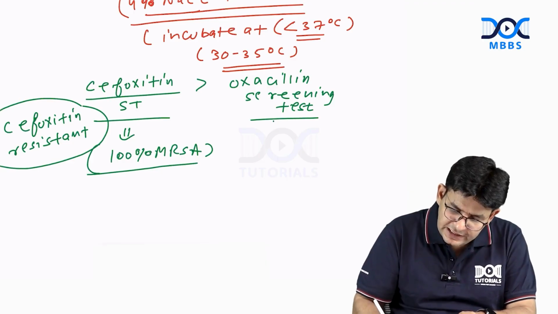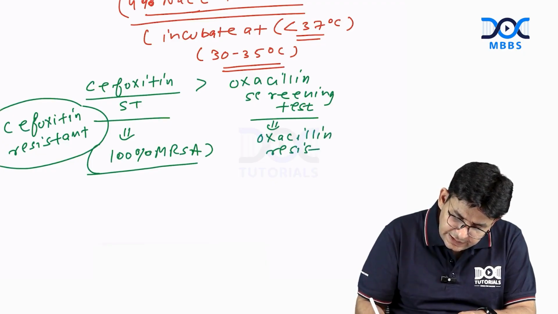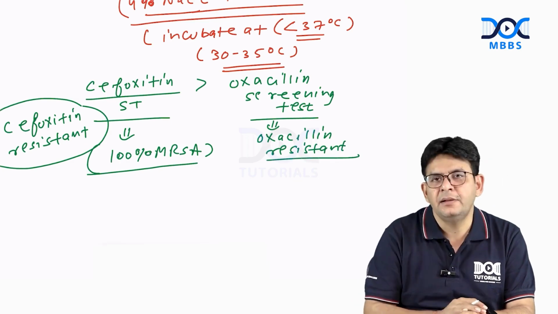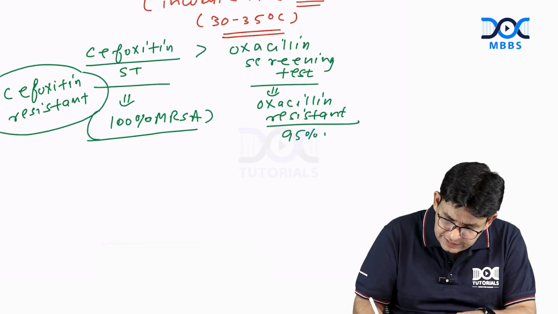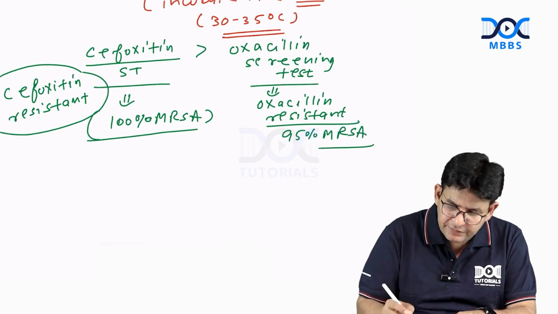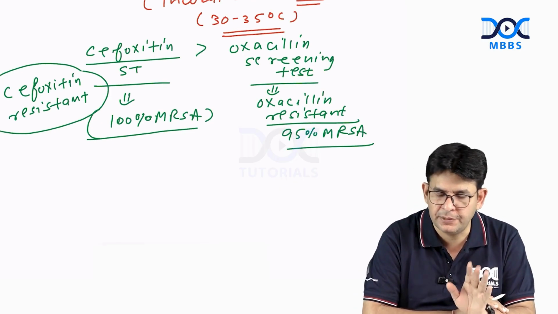Whereas if oxacillin is coming resistant, then you are dealing with what? There is a 95% chance that you're dealing with MRSA. So this is one of the things which you need to remember.